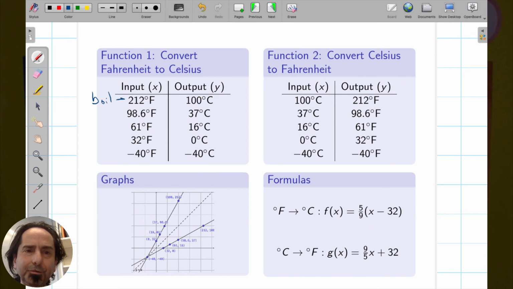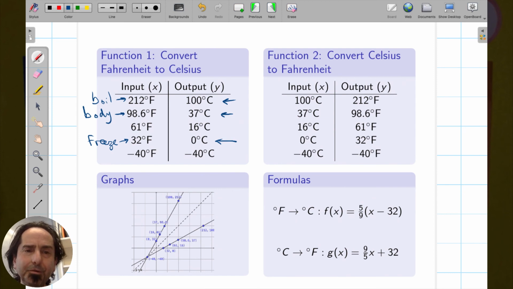Water boils at 212 degrees Fahrenheit or 100 degrees Celsius. Water freezes at 32 degrees Fahrenheit or 0 degrees Celsius. And your body is probably around 98.6 degrees Fahrenheit, which is 37 degrees Celsius.